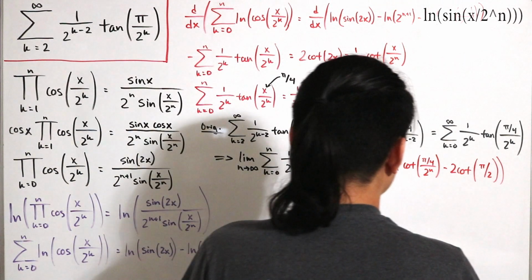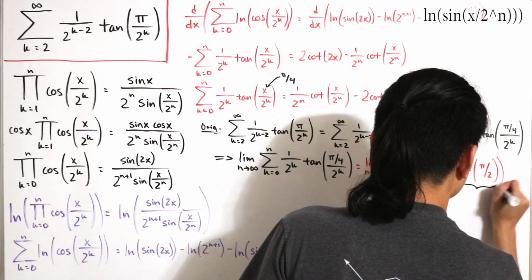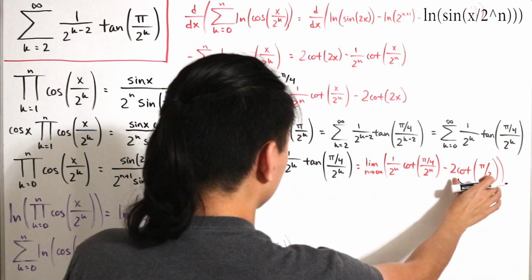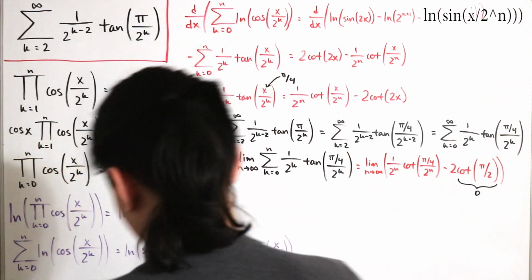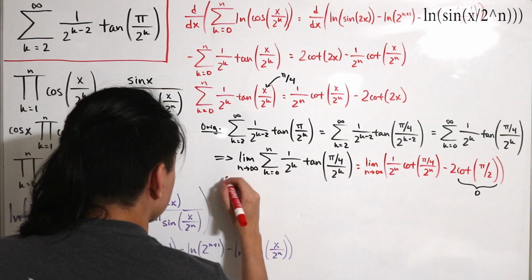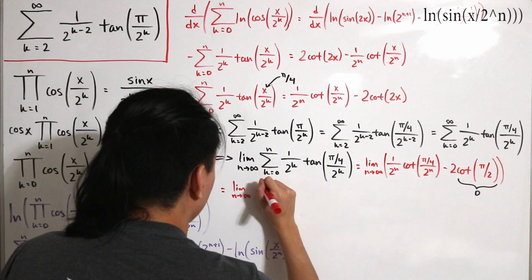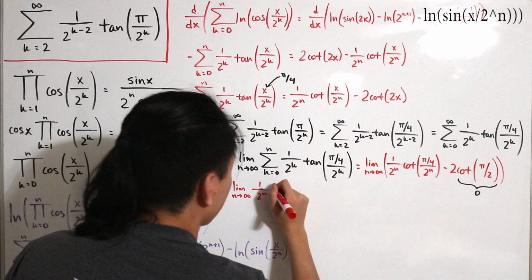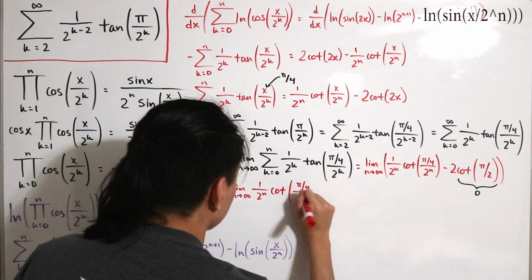You guys know that the value of cotangent of pi over 2 is just equal to 0, so this whole term just vanishes. What we're left to evaluate is the limit as n approaches infinity of 1 divided by 2 to the power n, then cotangent of pi over 4 divided by 2 to the power n.